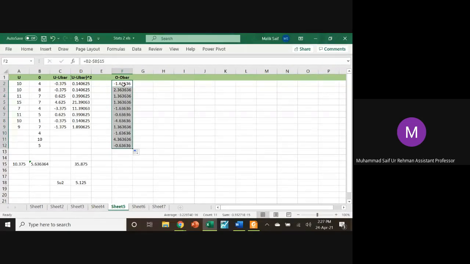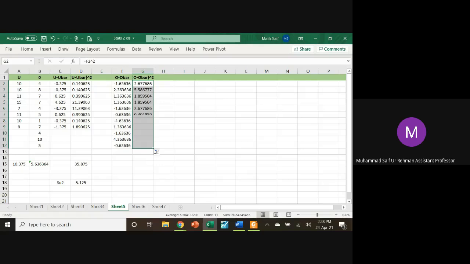Again, we are not interested in having the sum for this. Therefore, we will take the square of O minus O bar square, equal to this value, and you have to take the square of this. So caret power 2, enter.